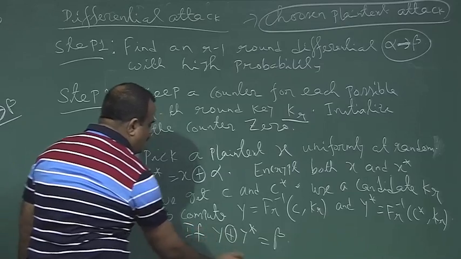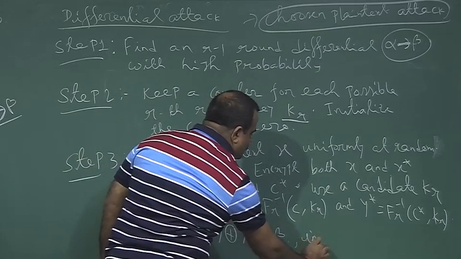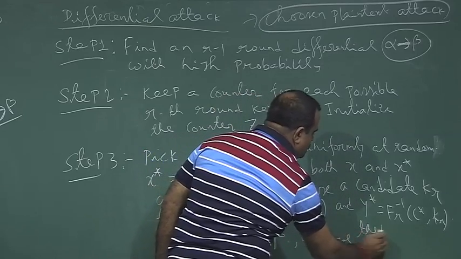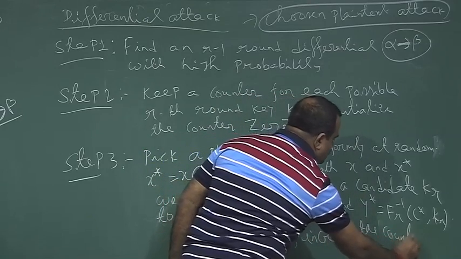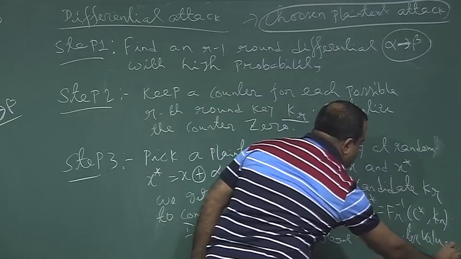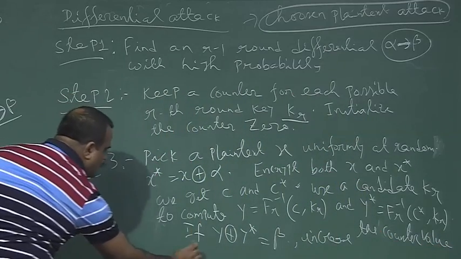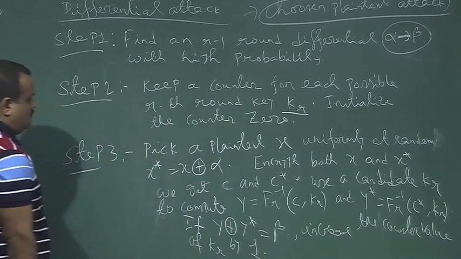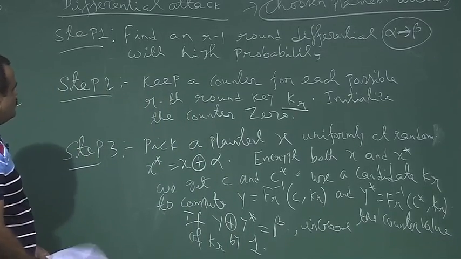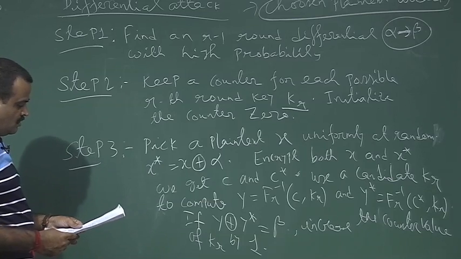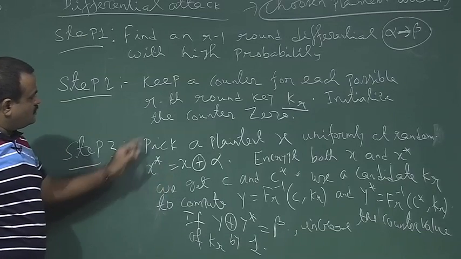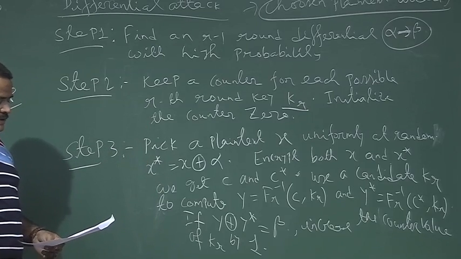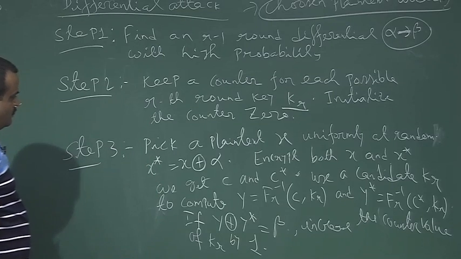Then we repeat step 3 and again choose an x, until we get a significantly larger value in the counter for some K_R.